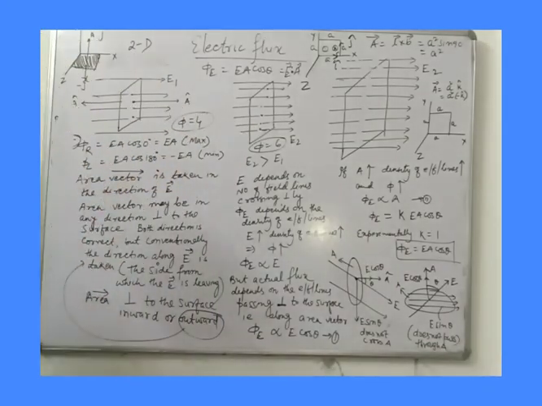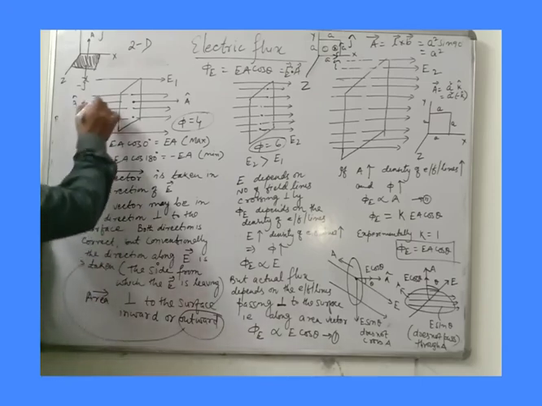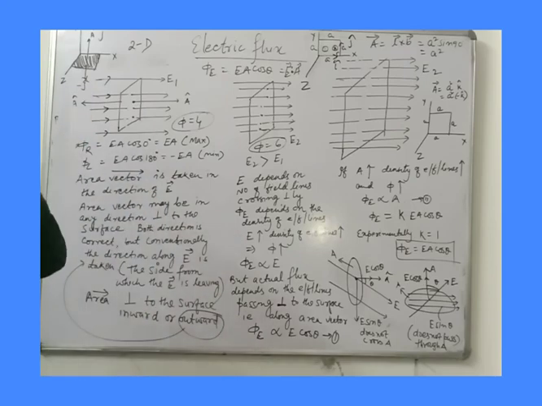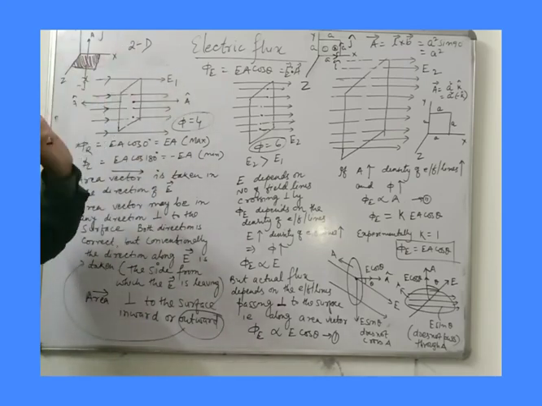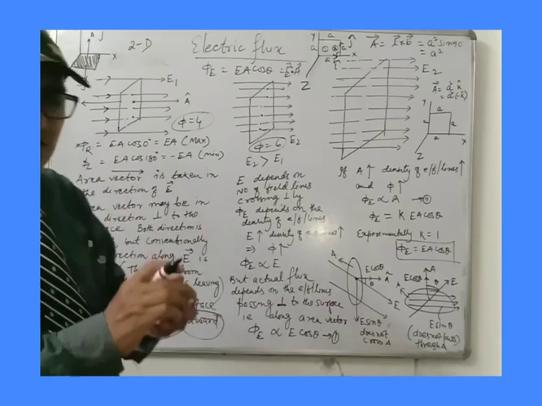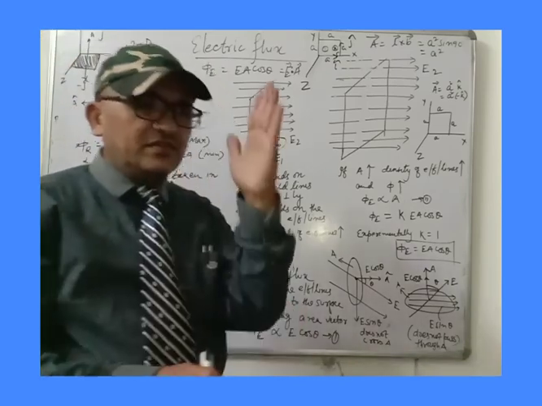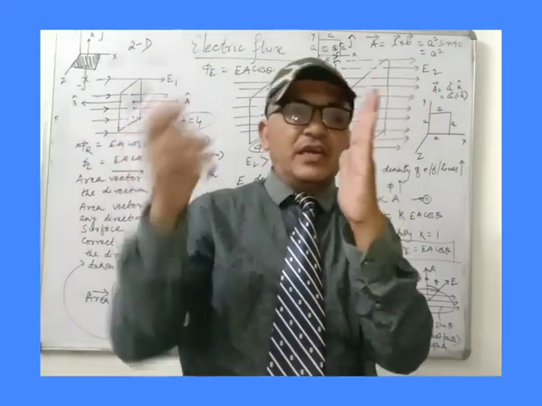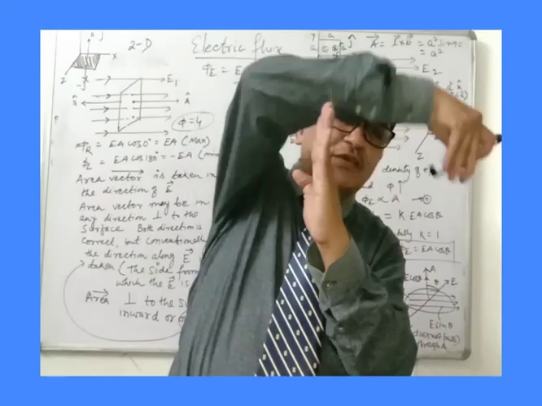Now come here. Suppose a number of electric field lines are crossing a given area of a 2D surface. And a 2D surface means it has two faces. This face, the area vector may be this way, and this face, it may be this way.